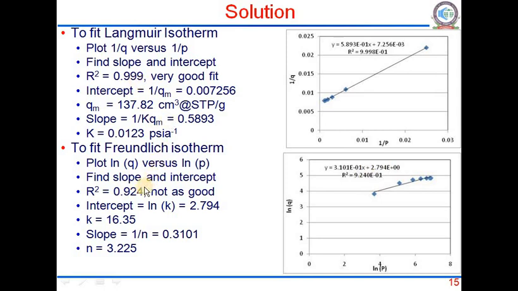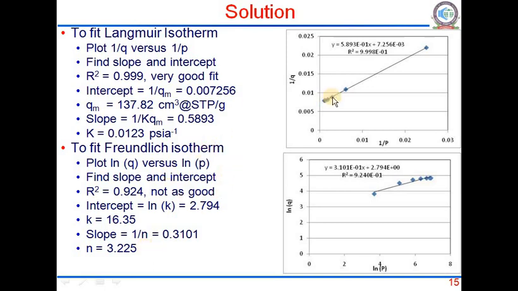But remember that this data will have some experimental error, so don't expect R square to be 1. 0.9, 0.95 is very good. Intercept is ln K, so ln K is 2.794, which means K is 16.35. Slope is 1 by N, so 1 by N is 0.3101, which means N is 3.225.